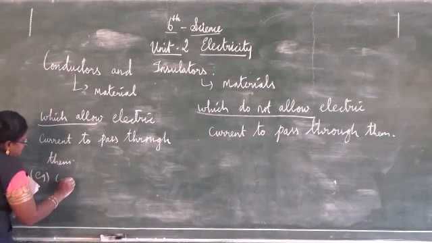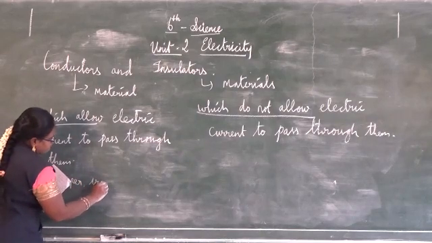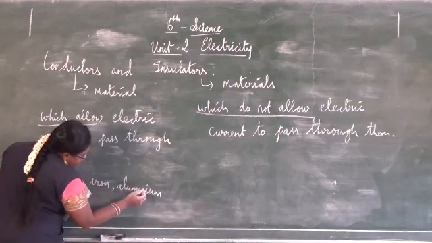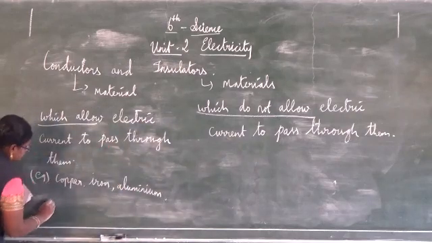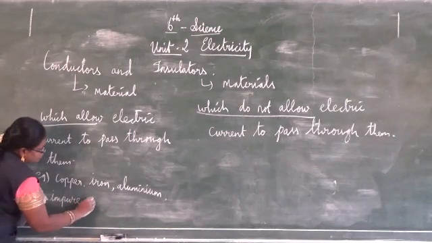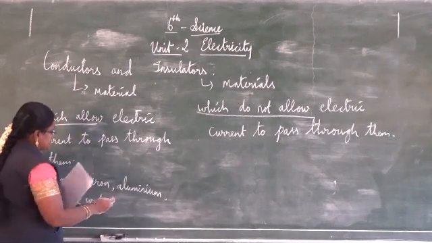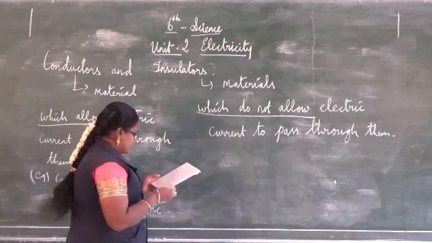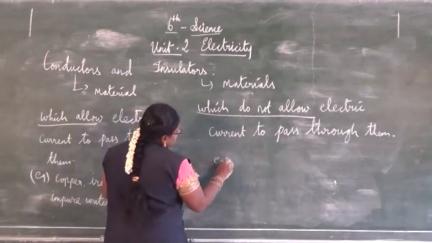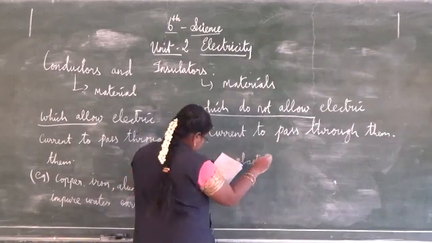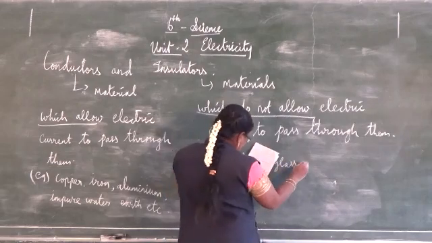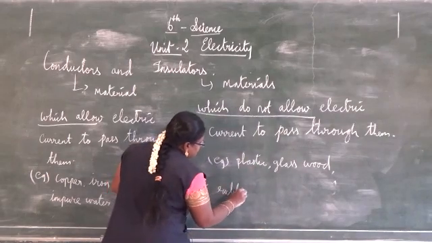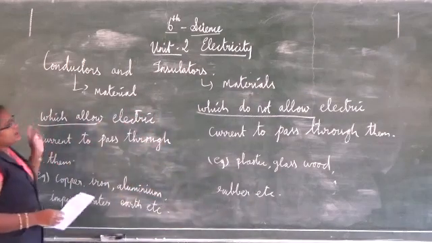See, copper, iron, aluminum, then impure water also, then earth, etc. Next, what are the insulators? Plastic. For example, plastic, then glass, wood, next rubber, etc. These are the examples for insulators.